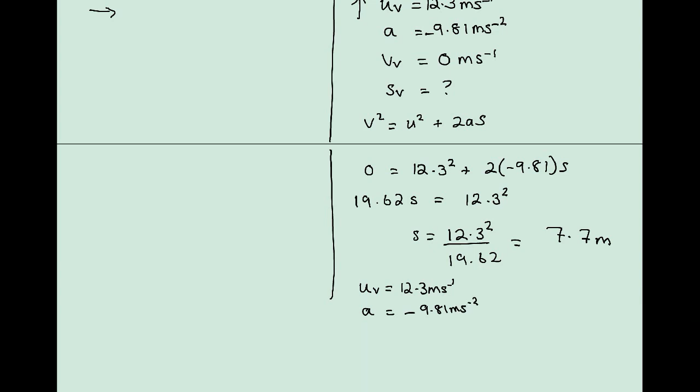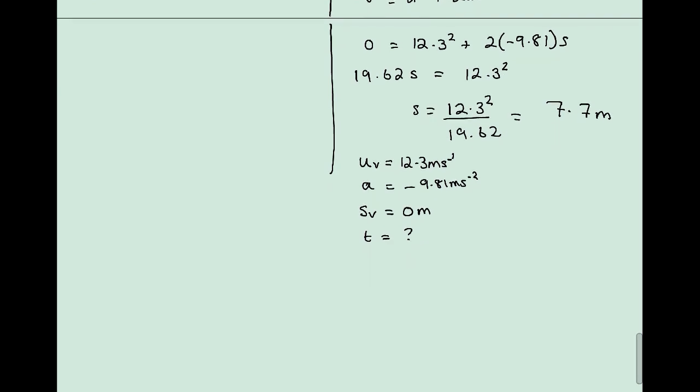We can no longer use the maximum height because we're not talking about a maximum height this time. What we're talking about is the object coming back to the ground again. And if you remember from previously, that means that the displacement is 0. It's come back to where it was in the vertical direction. And what we're trying to find here is the time.